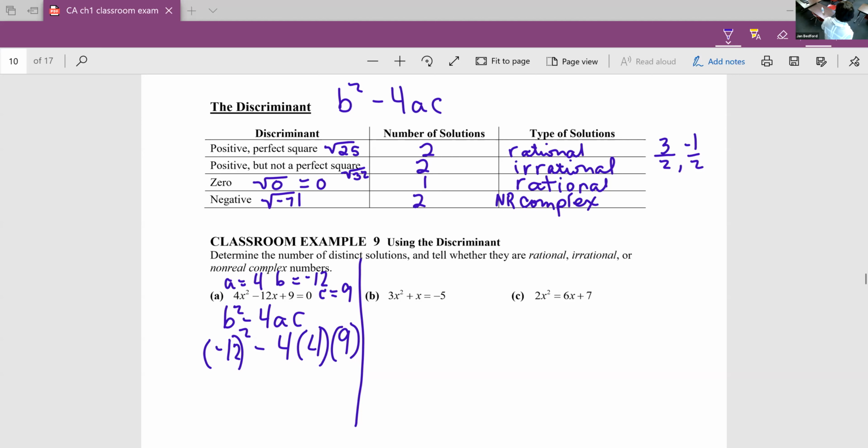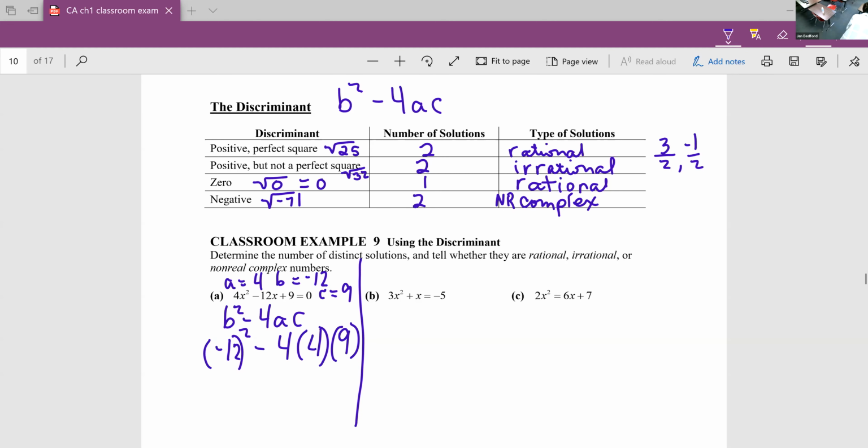On the count of 3, I want you to hold up one hand to show me, do you think there are 2 solutions or 1 solution on this problem? 1, 2, 3. Okay, it's not 100% of 1, but I do see more people holding up 1 finger than 2. So let's figure out if you 1-fingered people are correct.